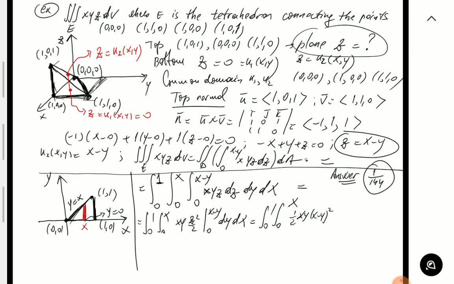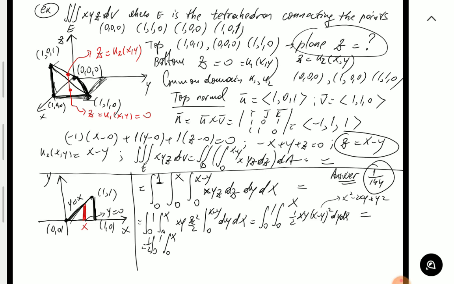So I have to expand that before I continue with the integral. That's x squared minus 2xy, so this parenthesis is x squared minus 2xy plus y squared. And we can pull the 1/2 out just to get it out of the way.